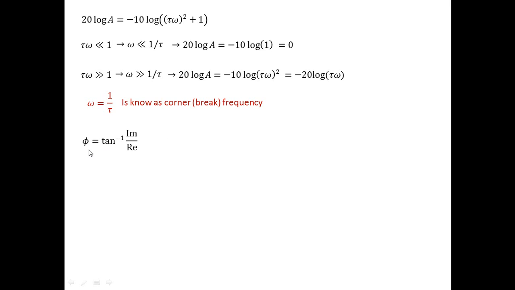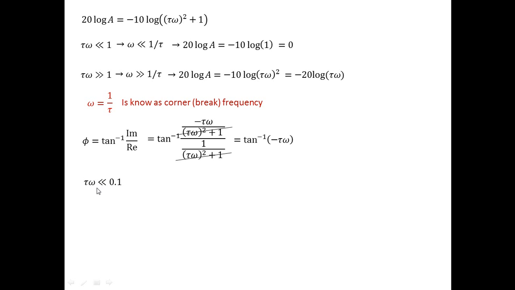For the phase, in order to draw the phase of this function of a simple pole, I have the tangent inverse of the imaginary part over the real part, which is tangent inverse of minus tau omega over tau omega squared plus 1, over 1 over tau omega squared plus 1. These two cancel out each other, which means phi will be equal to tangent inverse of minus tau omega.